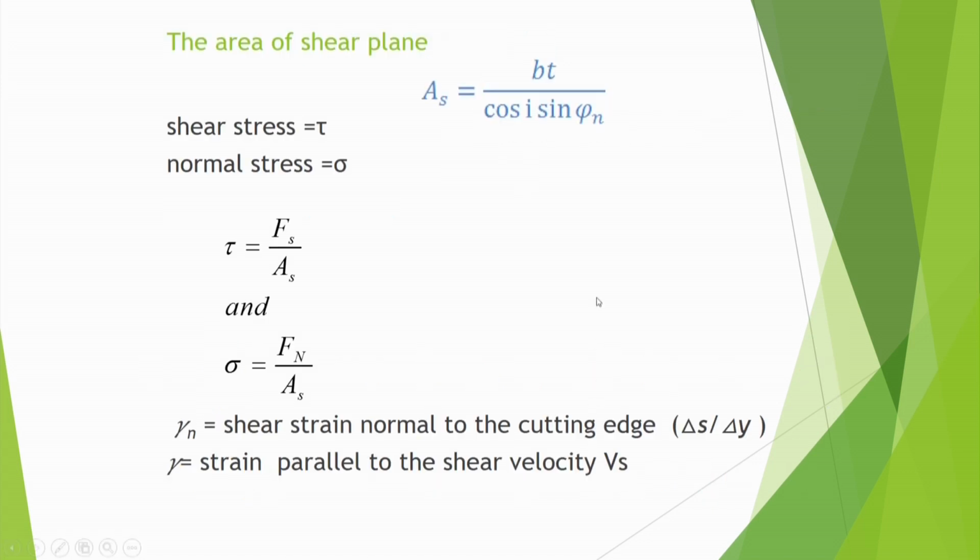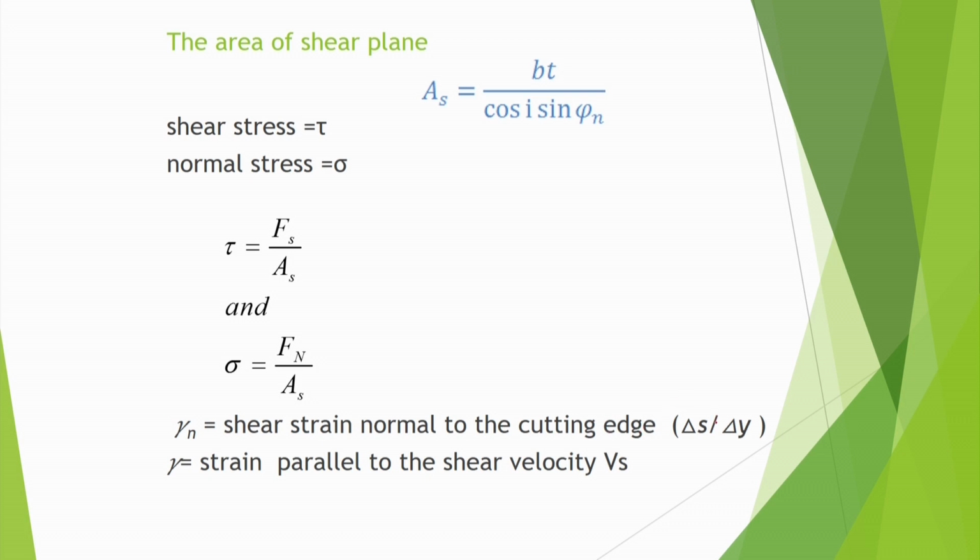Then the area of the CL plane is As equal to BT divided by cos I sin phi n, where I is the inclination angle and phi n is the shear angle in the normal plane. So shear stress is tau and normal stress is sigma. Tau is equal to Fs by As and sigma is equal to Fn by As, and gamma n is the shear strain normal to the cutting edge.